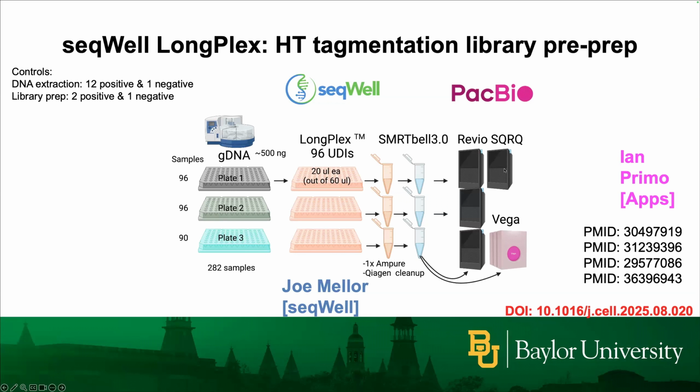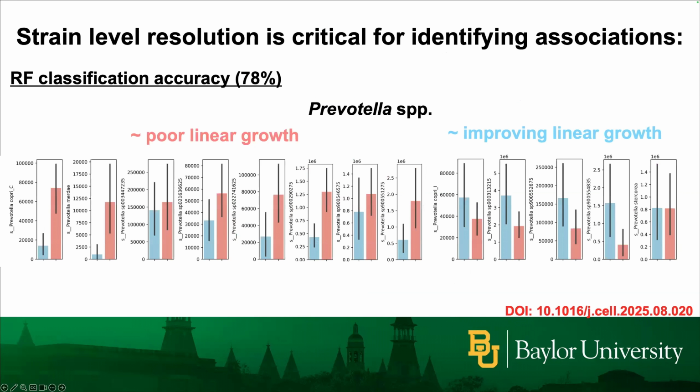We sequenced these pools across a total of 4 different Revio runs, and we also included one matched run with Revio versus Vega. This was handled in collaboration with PacBio, and a special shout out to both Ian and Primo in the Apps Lab, and also a collaboration with SQK, specifically Joe Meller.